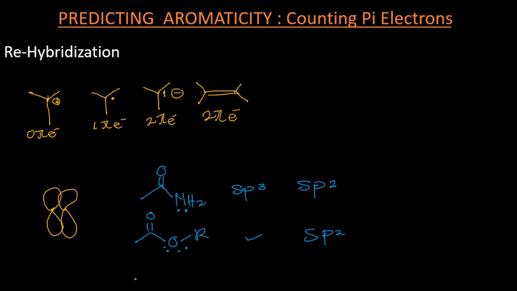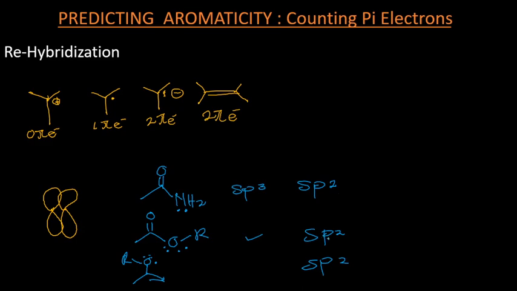We can have this, and this is also sp2 hybridized. When we expect this to be sp3 hybridized, it means that it's going to have a tetrahedral shape, but then we find out that these functional groups are usually trigonal planar because they are sp2 hybridized.